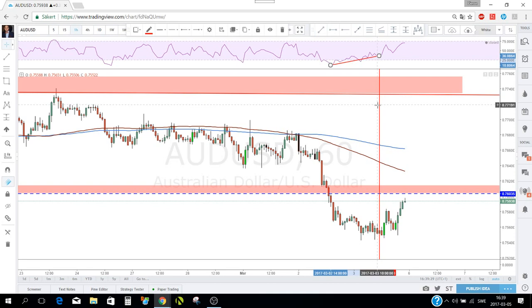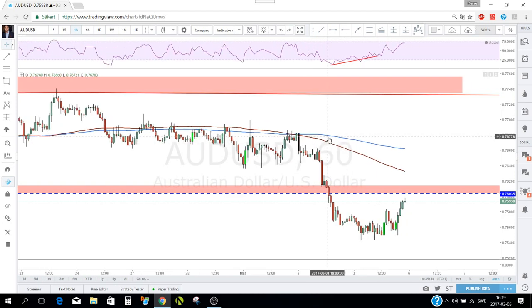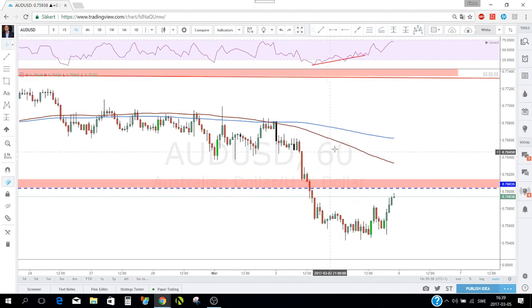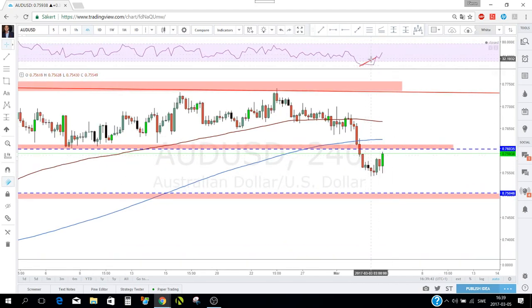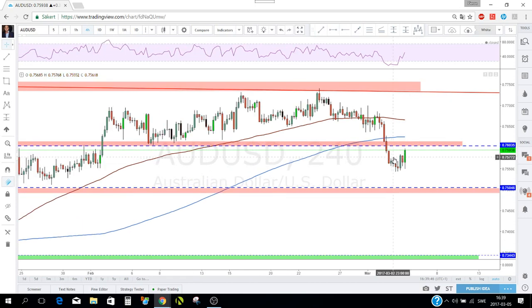So this up move was a bit hard to see if you don't use divergence, but those who look a lot at divergence and RSI or any oscillator may have seen that move.